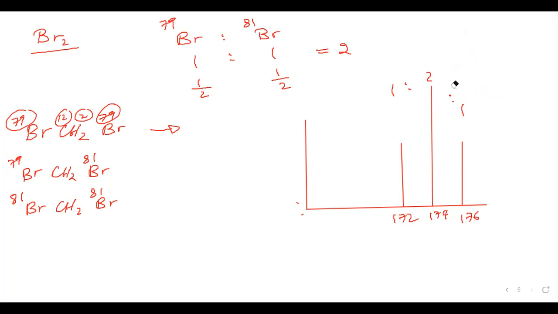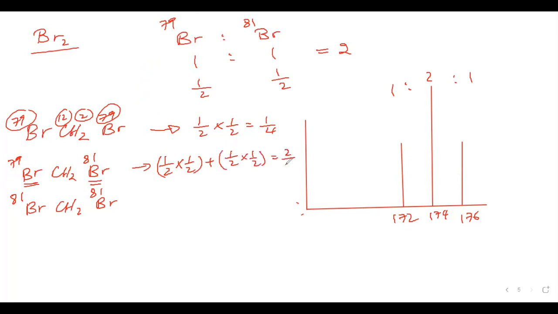Why is the ratio 1 to 2 to 1? It's the same as what we did in the case of chlorine. In the case of bromine, if both bromine atoms are isotope 79, the probability is half times half. This makes 1/4. If one of them is 79 and the other is 81, then we have half times half, plus maybe the first one is 81 and the second is 79, so also half times half.